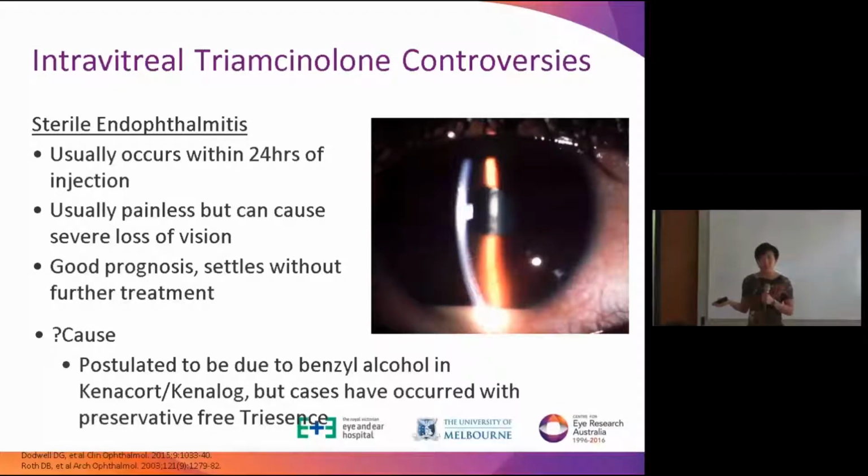These are patients that I usually keep under observation for 12 hours and see how they go, and they usually settle with intensive topical therapy, as opposed to infectious endophthalmitis, which is what we always worry about. They tend to get worse over time. So I observe them over 12 hours. Now, it was thought that this only occurs with the unpreserved form of Kenacort, but that's not the case. It actually has been described in Triessence as well.